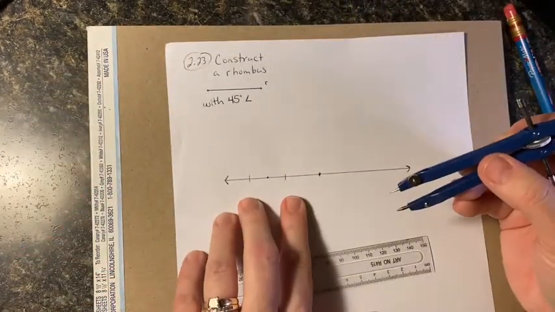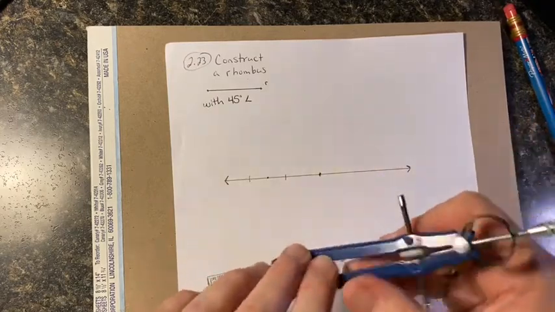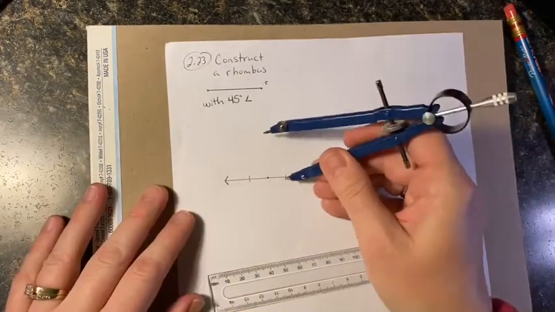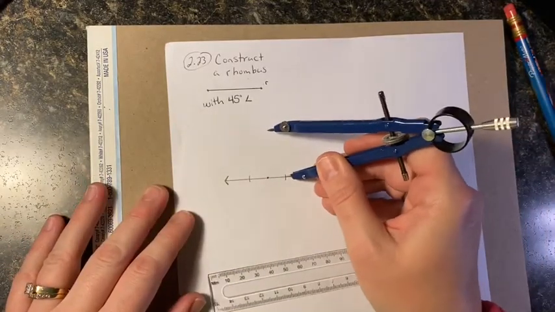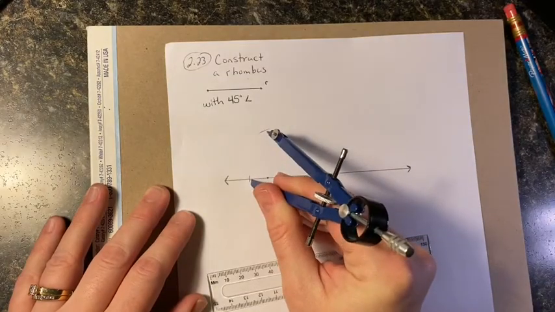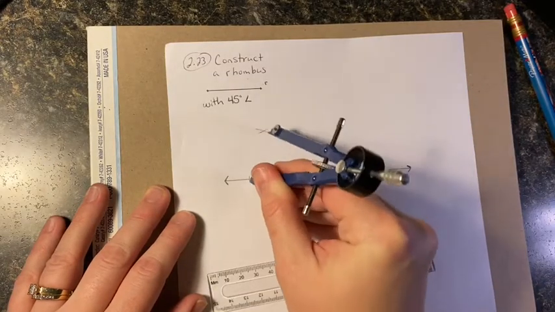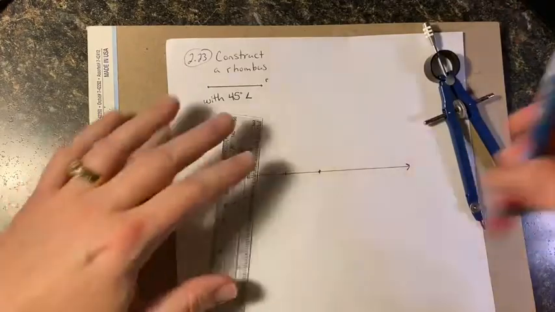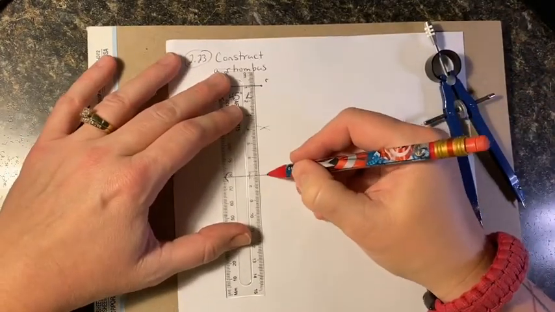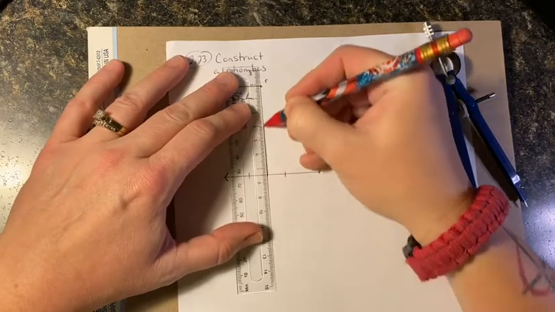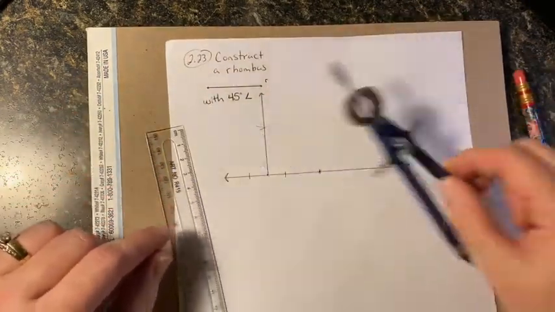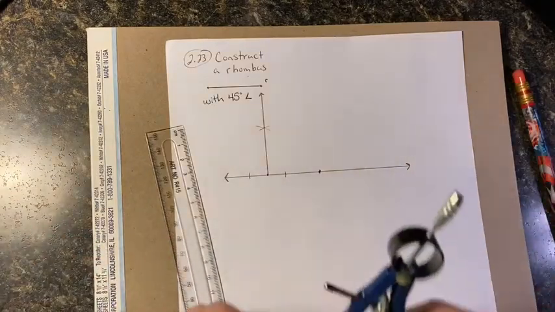So we start with 2 even radii, dog ears here, little arcs on our work line, extending our compass, and then from each of those intersection points, we're creating an arc off to the top here. Using that point of intersection and our point on our work line, we now have a new perpendicular ray, all right? But we need a 45-degree angle, not a 90-degree angle.